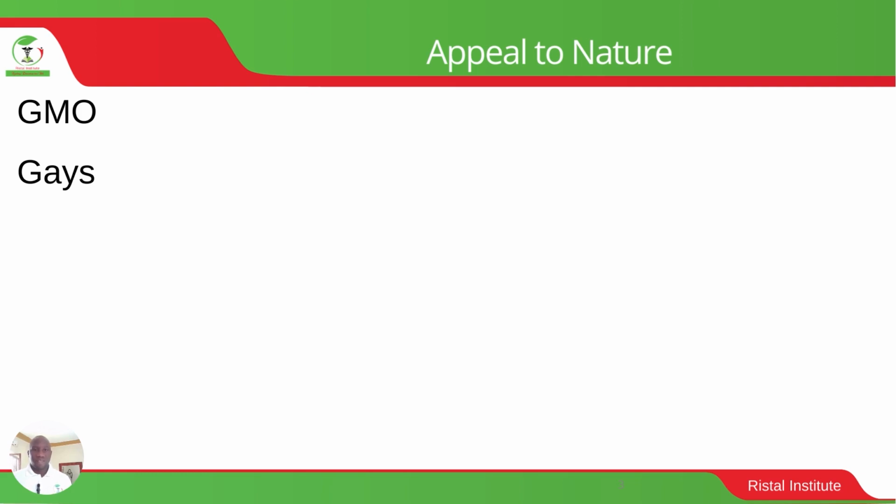You need to provide evidence that this thing is natural, and the evidence for it working better than the other is this. So this is the kind of debate that we have with genetically modified organisms or even foods. Many people are saying that genetically modified foods are not good for human consumption because they are not natural. They are synthetic in a way.